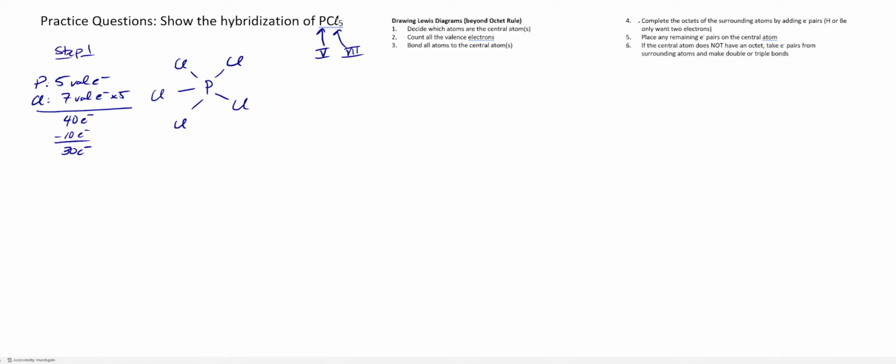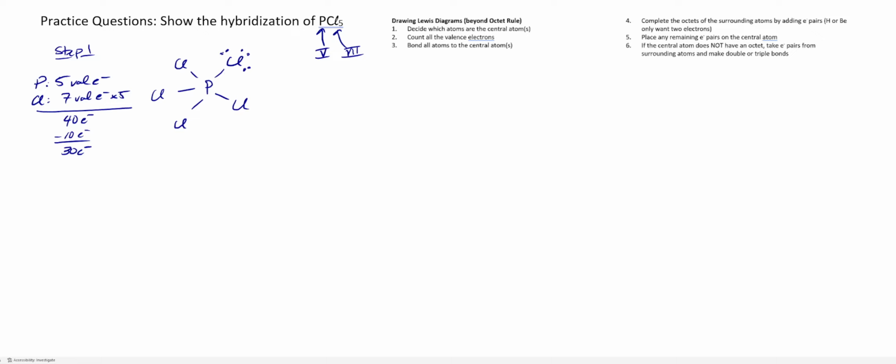Step 4. Complete the octets of the surrounding atoms by adding electron pairs. Remember, hydrogen's your exception. Hydrogen only wants 2 electrons. But chlorine is not an exception. Chlorine certainly wants 8 electrons around it. So I have to complete its octet. So I add 2, 4, 6, and then plus the 2 electrons in the bond, that would make 8 electrons right there, right?